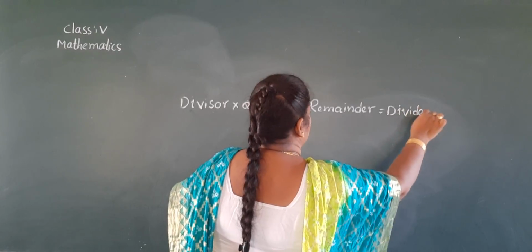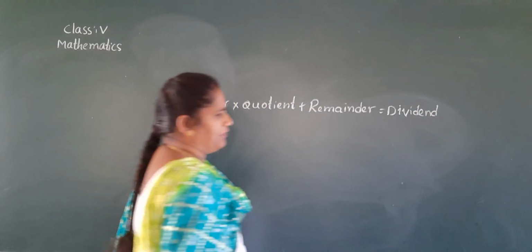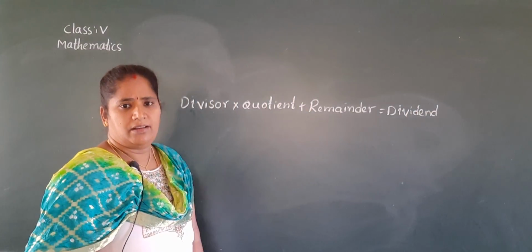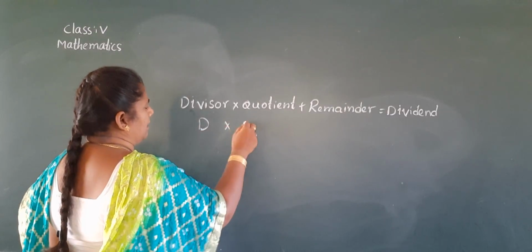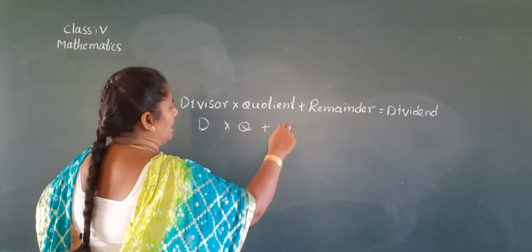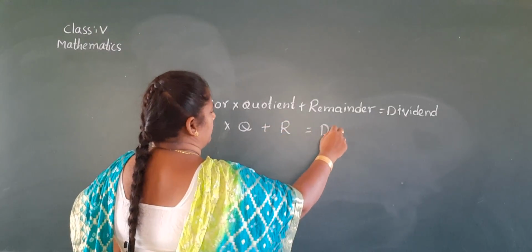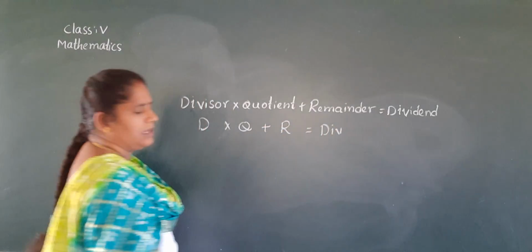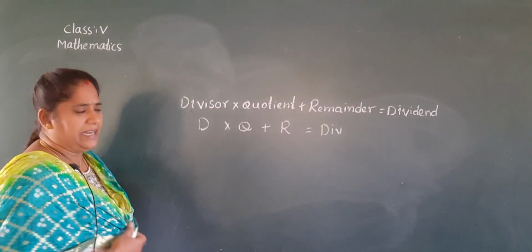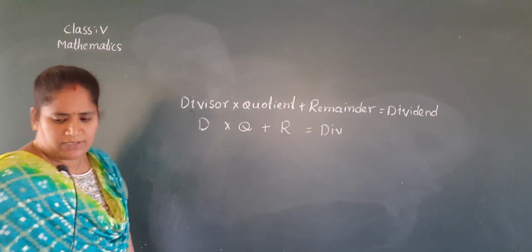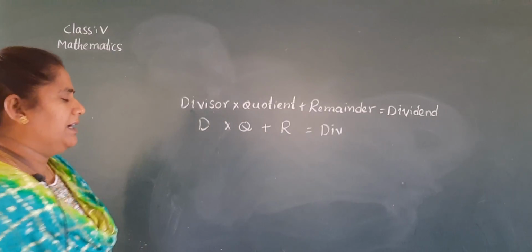So by using this formula, we can verify our division. In short form, we write divisor D, quotient Q, remainder R. For dividend, we use DIV. Divisor into quotient plus remainder equal to dividend.